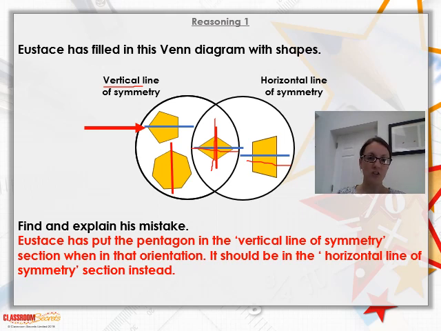But just looking up here at this pentagon, 1, 2, 3, 4, 5, it's got 5 sides, and in its current orientation, or the way that it is sitting, it just does not have a vertical line of symmetry.